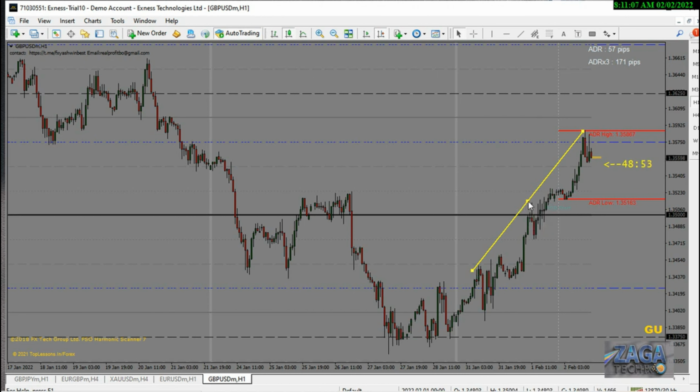If you want to draw a bullish trend line, you're going to touch a swing high and a swing low, and another swing high again. I'm touching this swing high and also touching this swing high. Or you can touch this swing high here. This is a swing high. You can also touch this swing high here. Now, this is a typical example of how you can draw a bullish trend line.